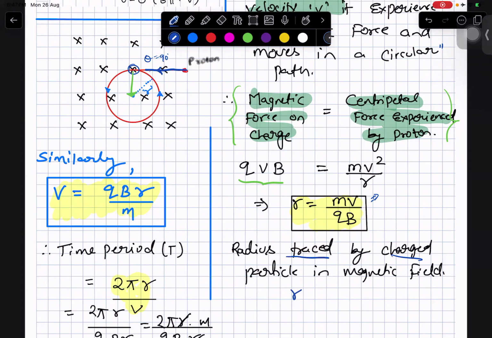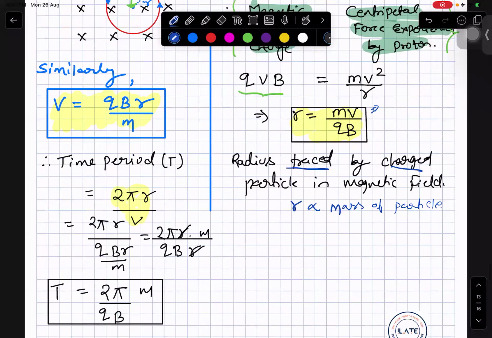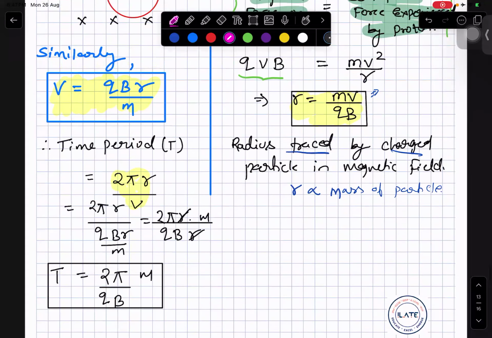So, for a given everything constant, radius is proportional to the mass of the particle, proportional to the velocity, and inversely proportional to the charge and the magnetic field strength, right? If I'm keeping everything else the same, let's say v, q and B are the same.